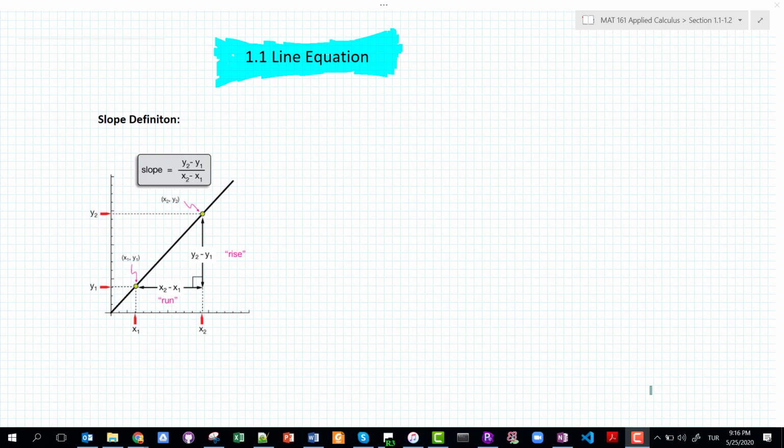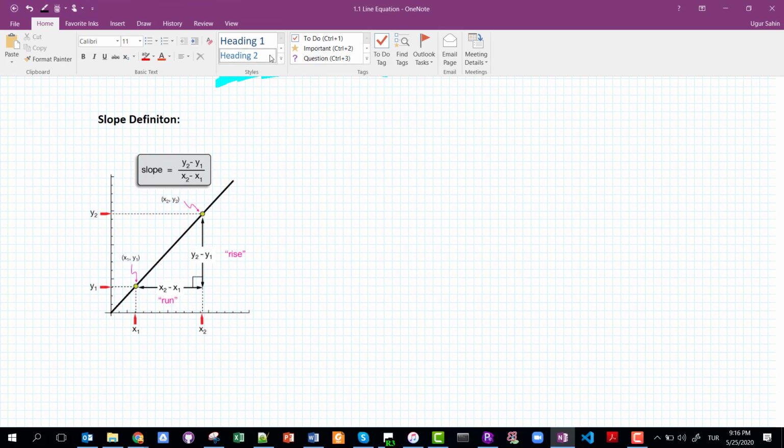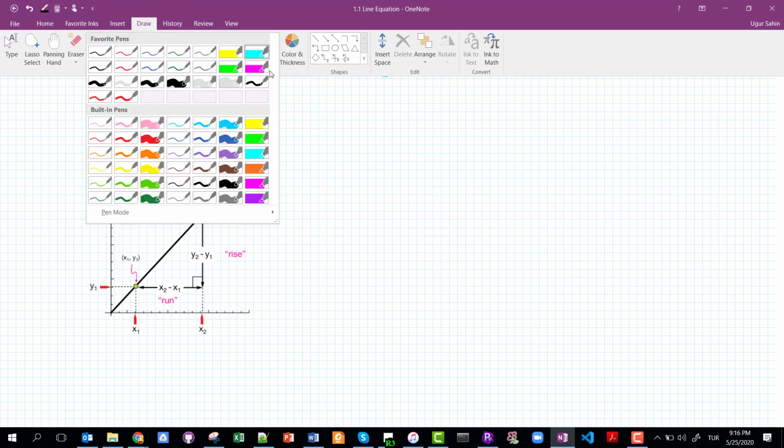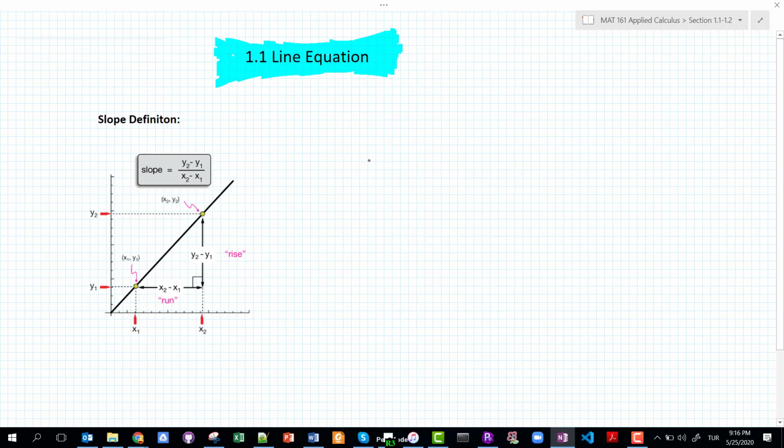Slope, as you know, is given as a steepness of a line, and you should be calculating the slope by this formula. So slope is equal, as you see from here, that's my slope formula, and it is going to be calculated by this formula, guys.